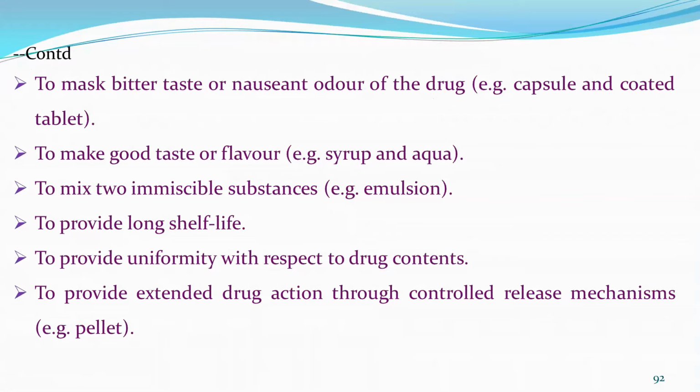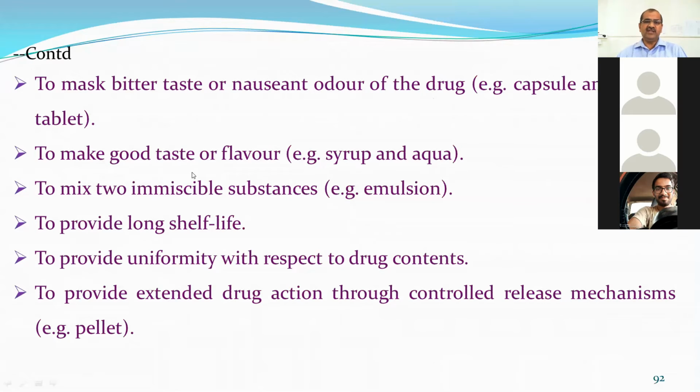Then another aim of dosage forms: suppose the tablet or any other drug has a very bitter taste or nauseating odor, then it is made as a capsule. Another aim is to give a good taste or flavor to a particular drug, and to mix two immiscible substances, for example an emulsion.